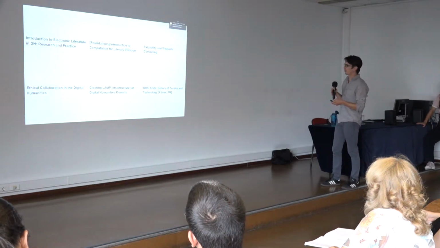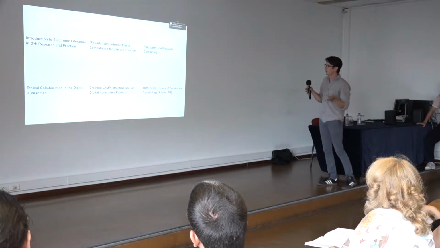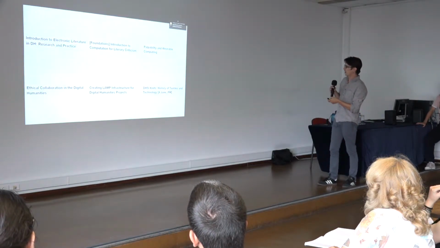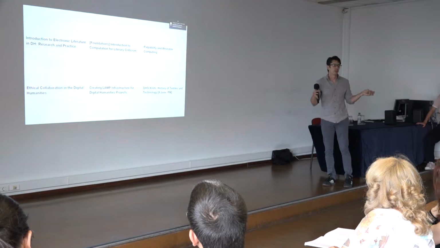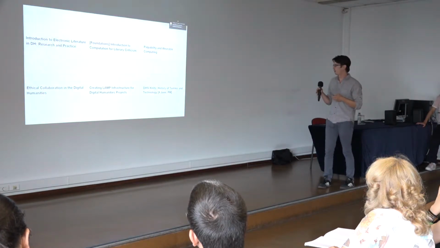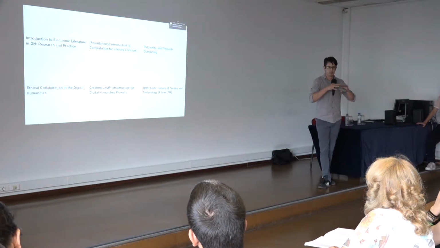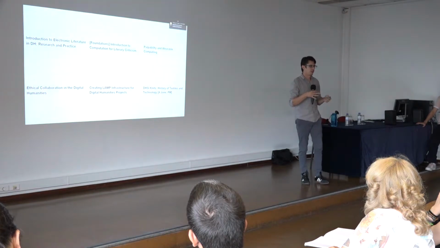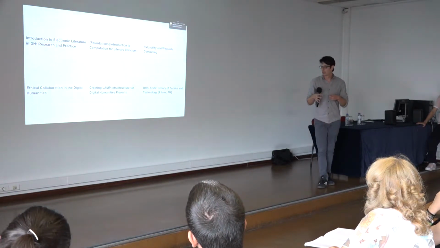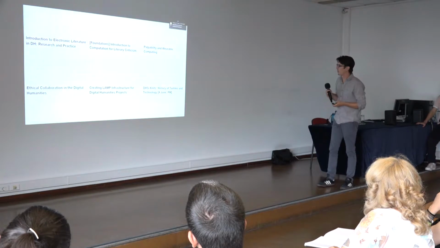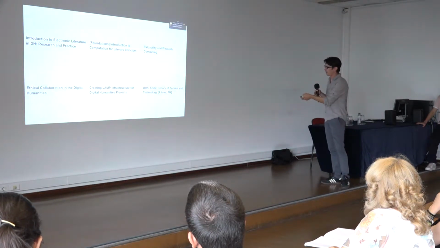You have a course on electronic literature, but also things like palpability and wearable computing. Right, and so I'm just kind of trying to show the diversity of what falls under this heading and is actually being taught currently in this space, right, like a history of textiles.